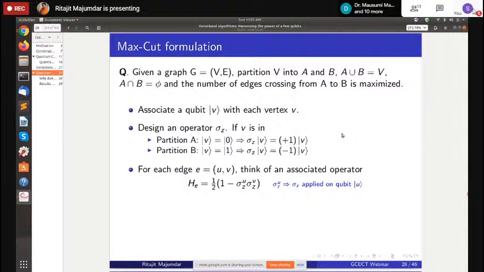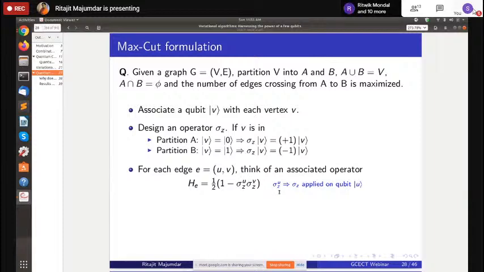So this operator simply states that if both the qubits are in the same state, either 0 or 1, then there is no contribution for this operator because we were getting a 0. And if one qubit is in 0 and the other qubit is in 1, we really don't care which one is in 0 and which one is in 1, because u can be in 0, v can be in 1, or vice versa.